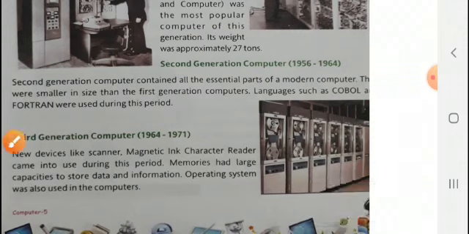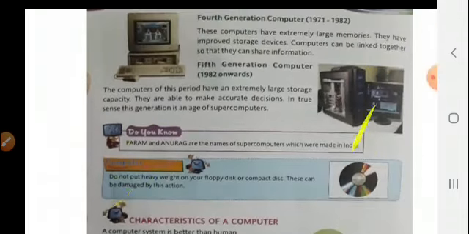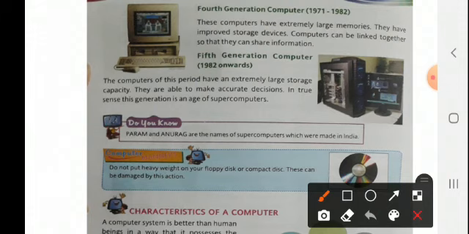Whereas if we see the fourth generation computer, that lasts from 1971 to 82, as you can see, these computers have extremely large memories. They have improved storage devices. Computers can be linked together so that they can share information. Now in this period, more and more information needs to be shared with each other.